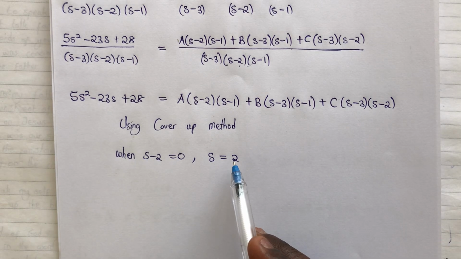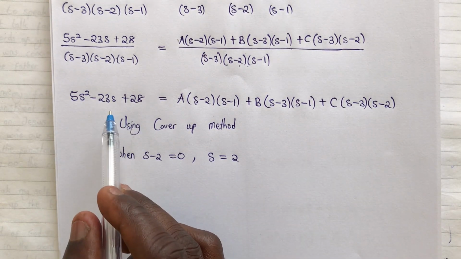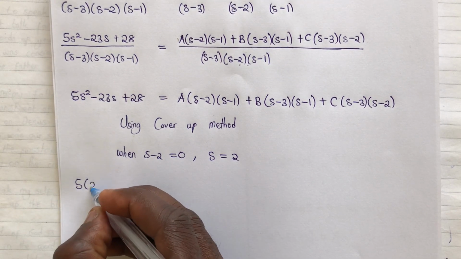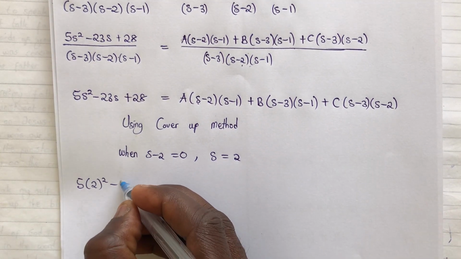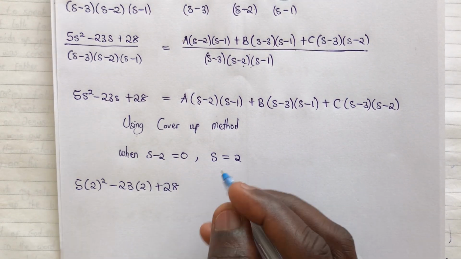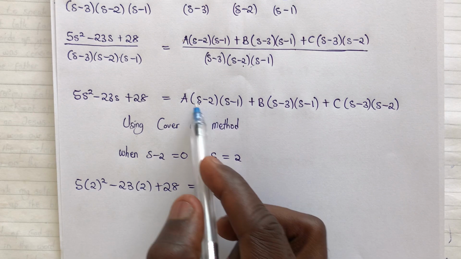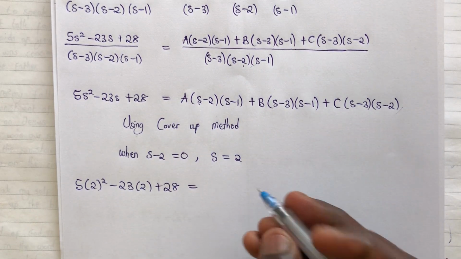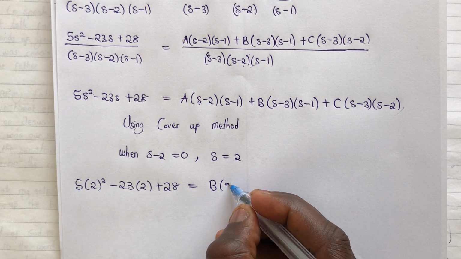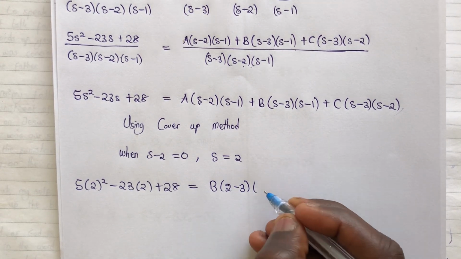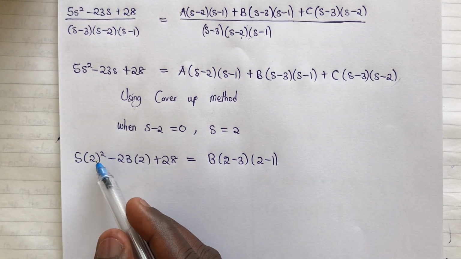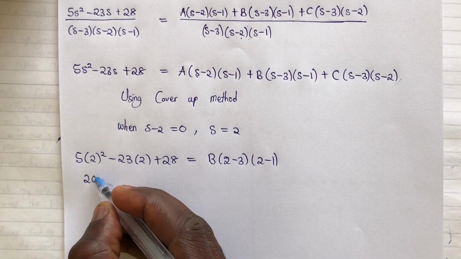Don't forget, you substitute S on this side too, the left hand side of the equation. So we have 5 into 2 all squared minus 23 into 2 plus 28, equal to, we know all this side will be 0, all this side will be 0, B into 2 minus 3 multiplying 2 minus 1. So 2 squared gives us 4. 4 times 5, we have 20 here.